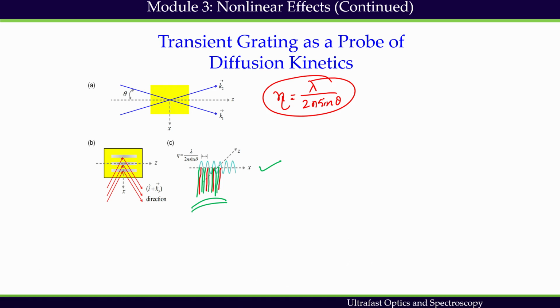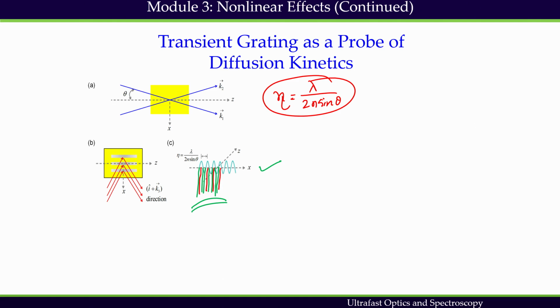These spaces are periodic, which behaves like a diffraction grating. Now, the third beam is diffracted off the transient grating, and in the experiment, the diffracted pulse energy is monitored as a function of time delay between pump and probe. The energy of the diffracted beam depends on the diffraction efficiency of the transient grating.